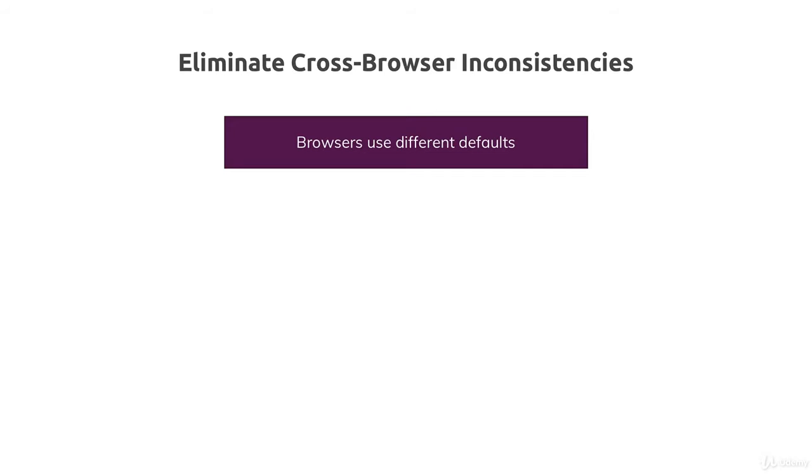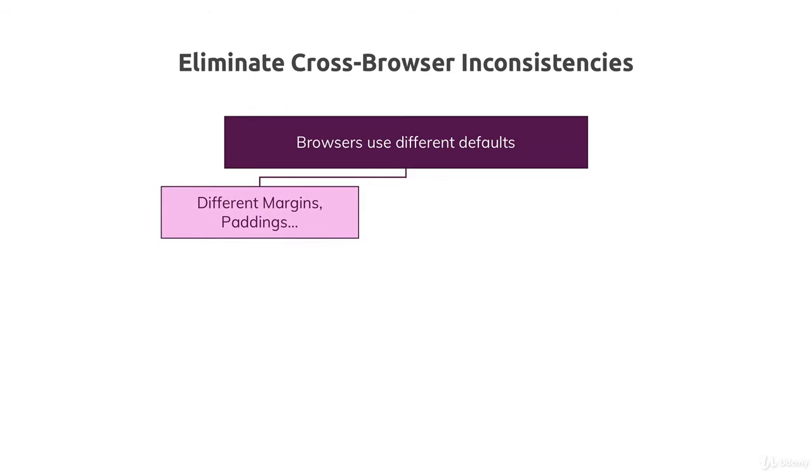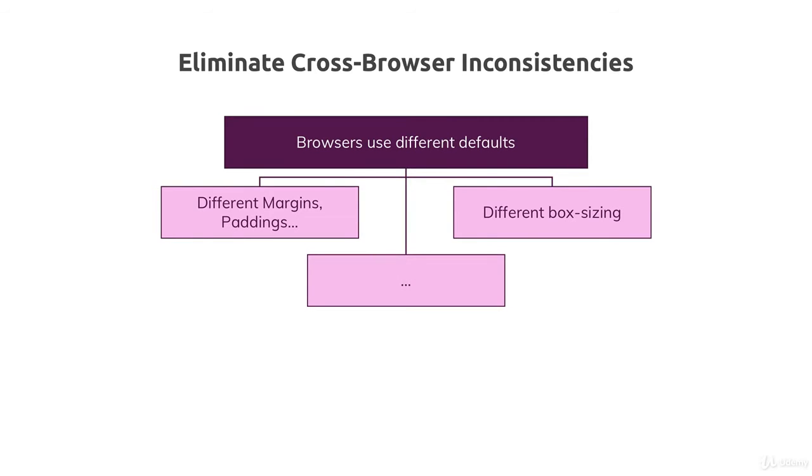The default font size of H1 text, the default font family which gets used, things like that. Browsers implement that differently. For some elements we might have different margins or paddings, different box sizing behavior. That box sizing is set to border box in some browsers for some elements by default, for example, and so on. This is not necessarily bad.